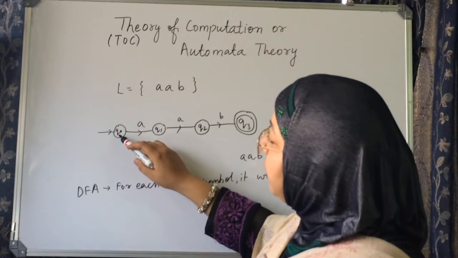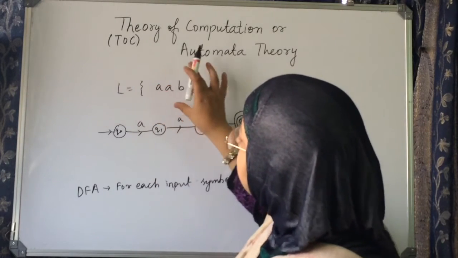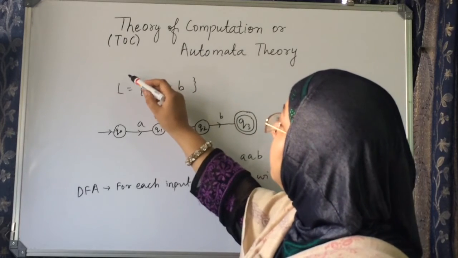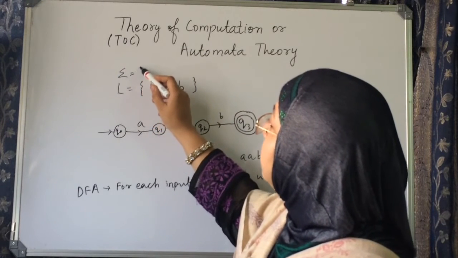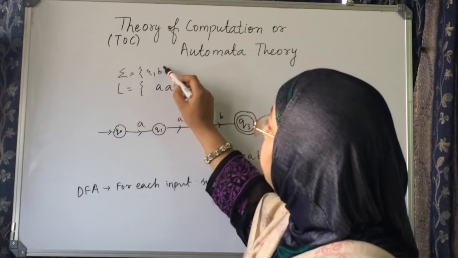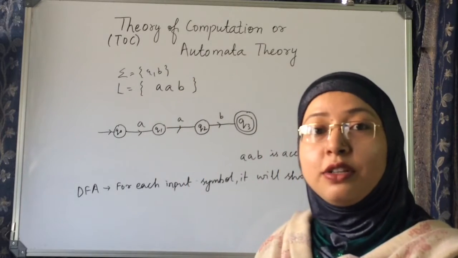Suppose here from Q0, and for this example your alphabet is A, B. So what are the symbols in your alphabet?